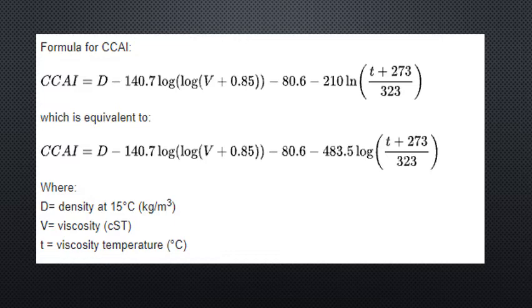Here the log is to the base e, which is equivalent, when we convert the ln to log to the base 10, the formula becomes this. So the parameters remain the same, that is D equal to density at 15 degrees Celsius, V is the viscosity, and T is the temperature of the fuel.